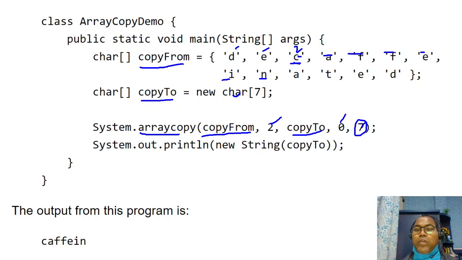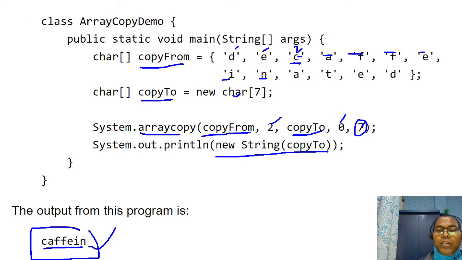So here we get the output, coffin. This is one method to concat and make a string object from an array. So this is a very handy, useful and efficient method. Whenever you need to copy, please use this arraycopy method.